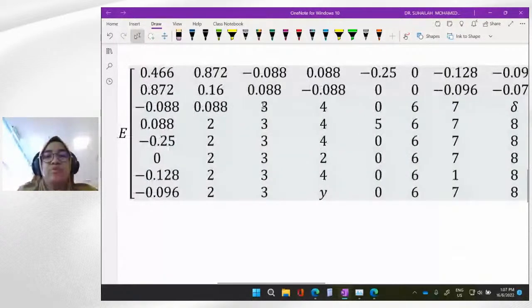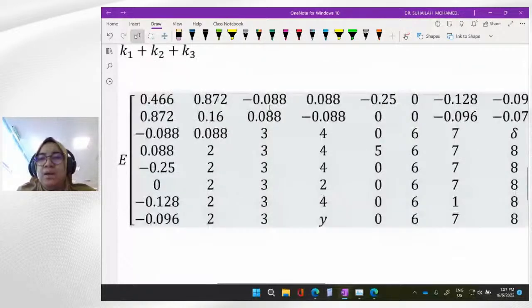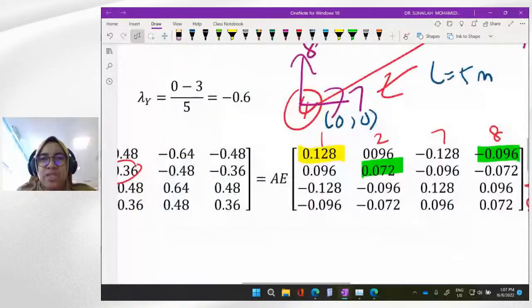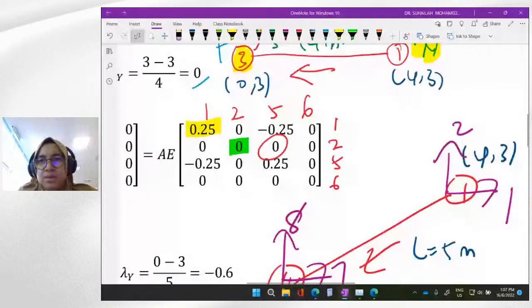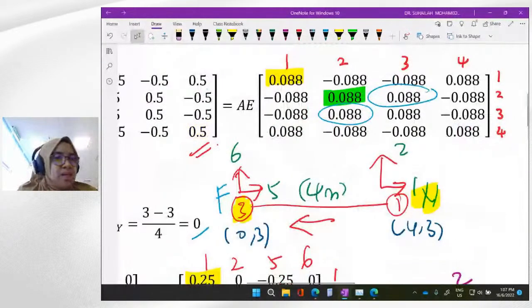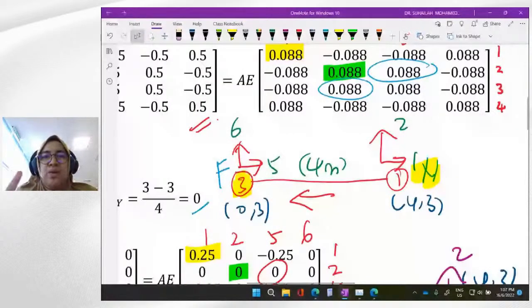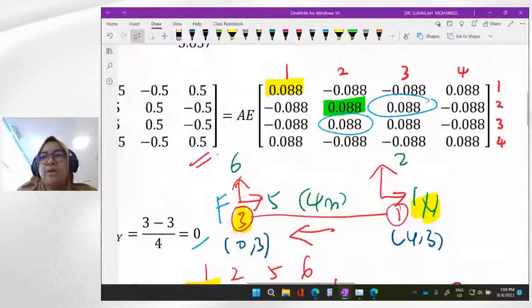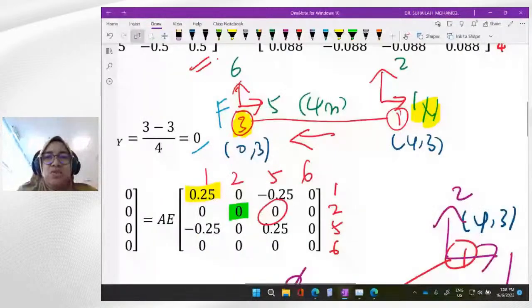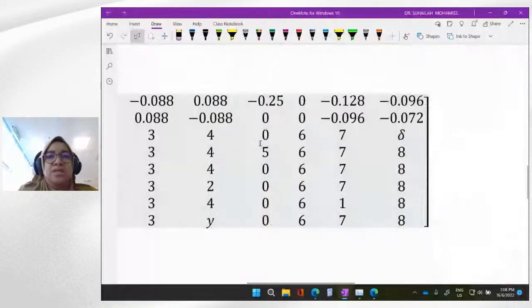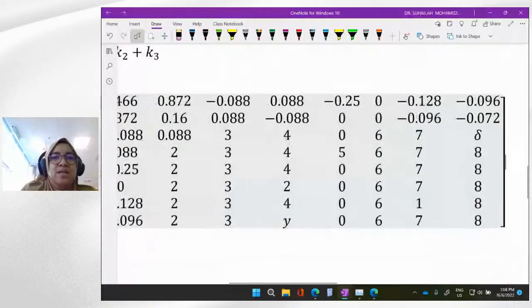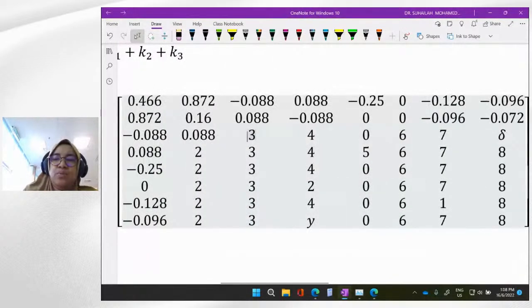We move to row number 3. We find 3, 3. What is the value for position 3, 3? We can only find 3, 3 in K1. Yes, it is 0.088. Okay, so we move to 3, 4.